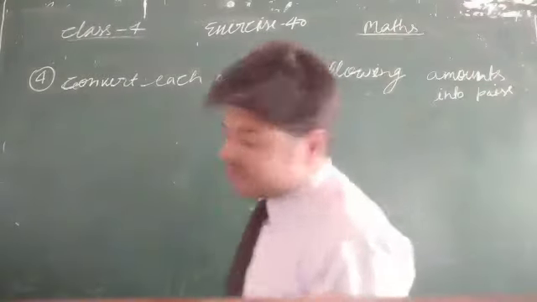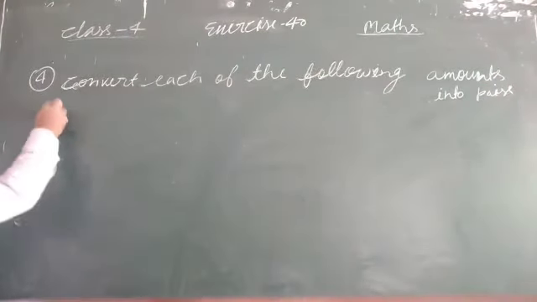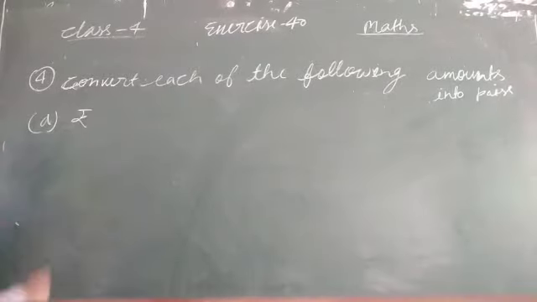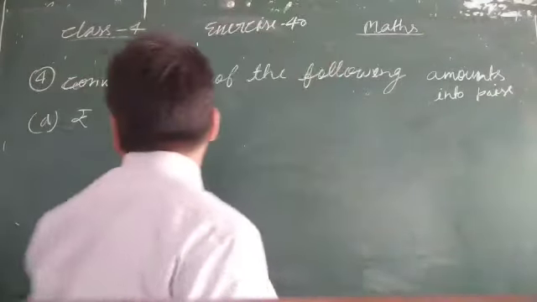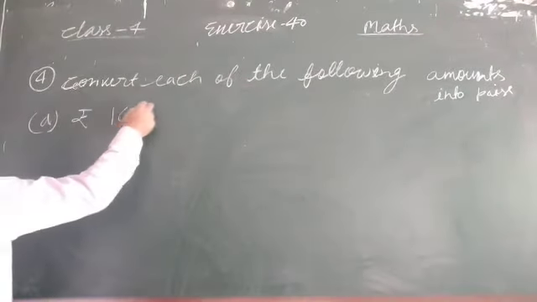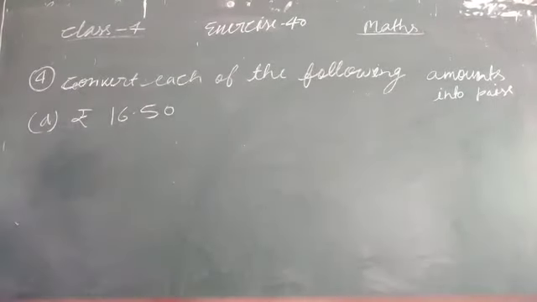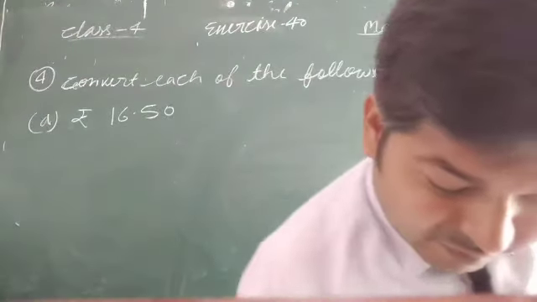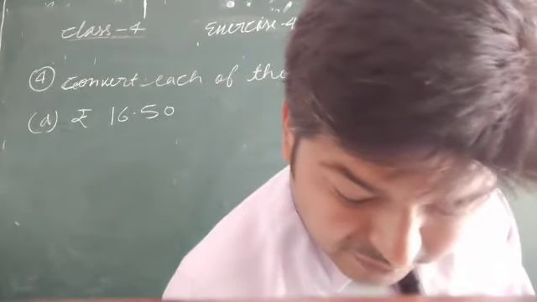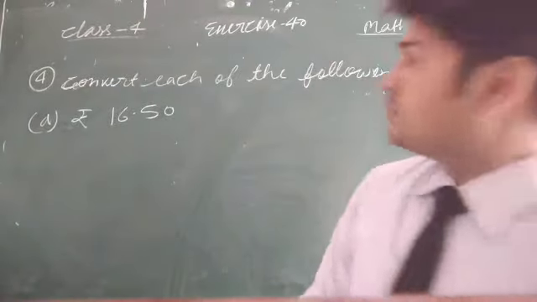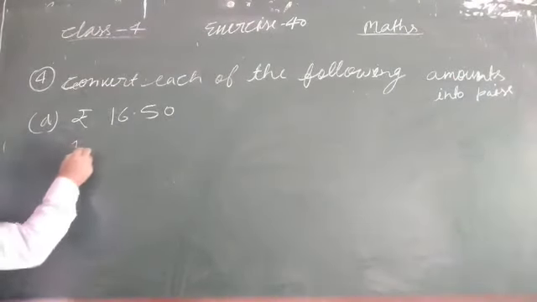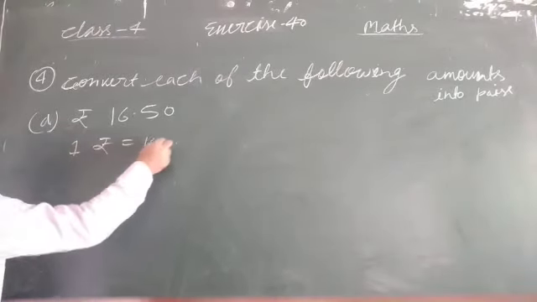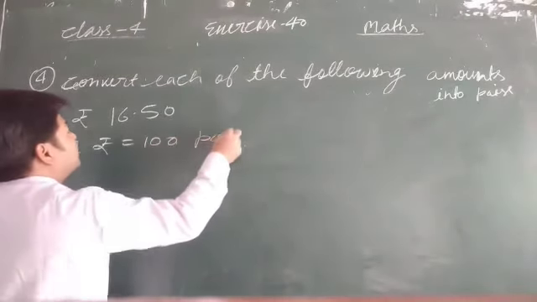So this is given in decimal form. Rupees 16.50. So how will you convert in paise? You have to write here 1 rupee equal to 100 paise.